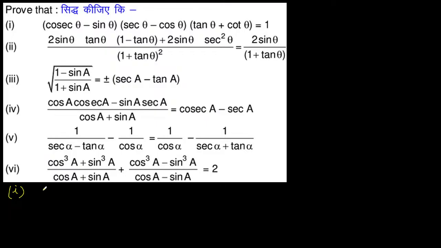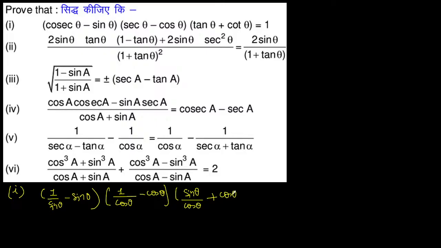Can we write cosec as 1 by sin theta minus sin theta, sec as 1 by cos theta minus cos theta, tan could be written as sin by cos, cot is written as cos theta by sin theta, equal to 1? We don't know right now.